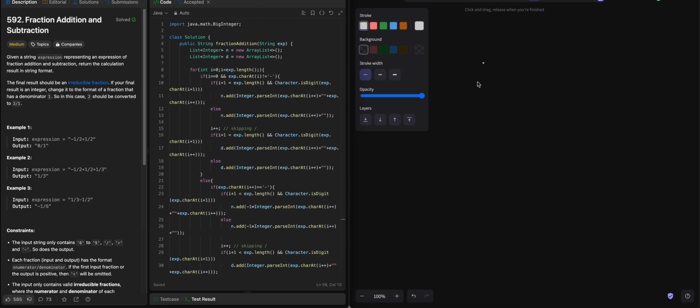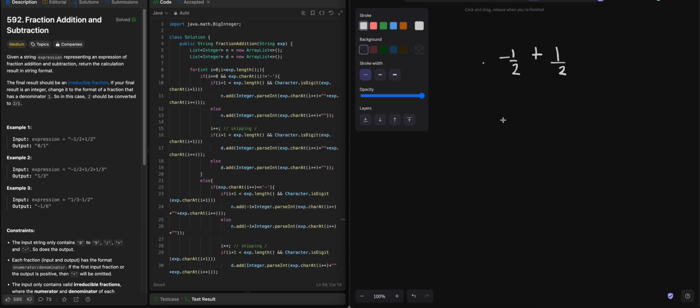Now let's understand with the help of examples what they actually mean and how we are going to solve it. The first input that they have given is minus 1 by 2 plus 1 by 2. First we'll see how we would have done it in mathematical terms.